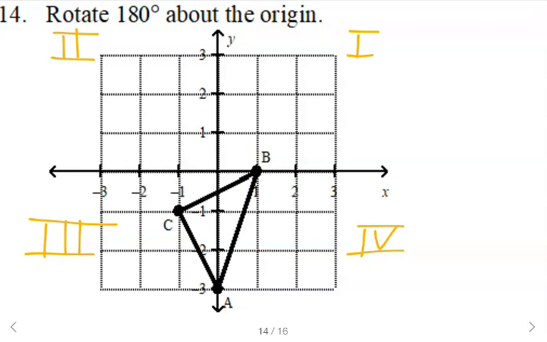The point B rotated 180 degrees about the origin will be here at -1, 0. Point C rotated 180 degrees would put us at 1, -1.